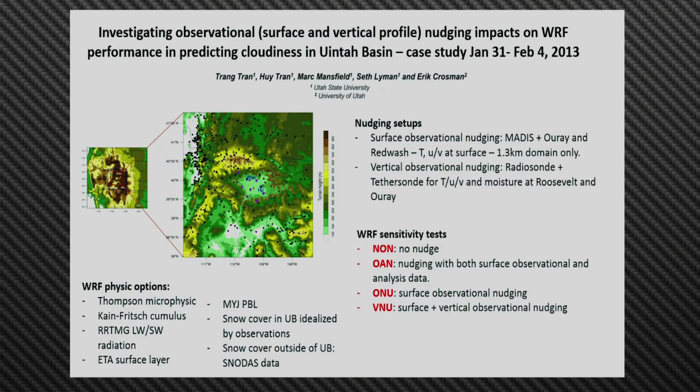So it's so important that you give the photochemical model the right meteorological quantities. That's what our research focuses on. And this is just the domain that we use for Uinta Basin, and you can see it covers the entire basin.